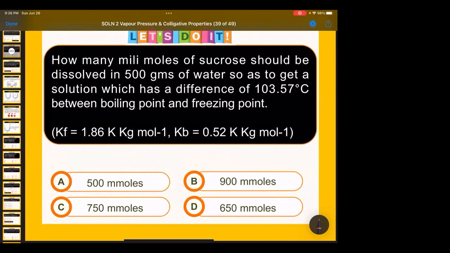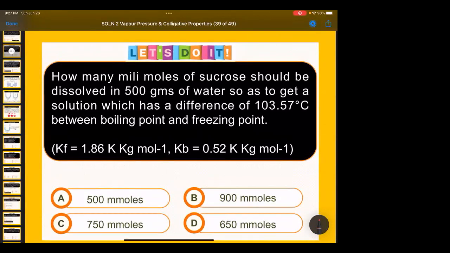How many millimoles of sucrose should be dissolved in 500 gram of water to get a solution which has a difference of 103.57 between the boiling point and the freezing point? The boiling point will be increased and the freezing point will be decreased, and that whole difference is actually 103.57.